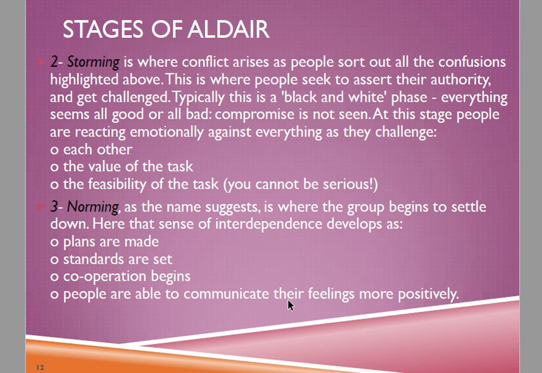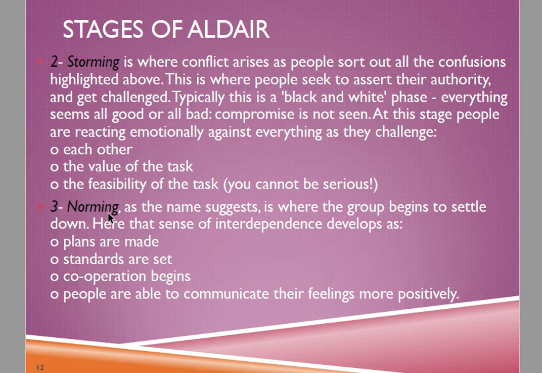So Adair here also, storming is where conflict arises, and sometimes if there is a problem, how you could deal with it and how you could maybe solve it. And here there is reaction emotionally, the value of the task, feasibility of the task.